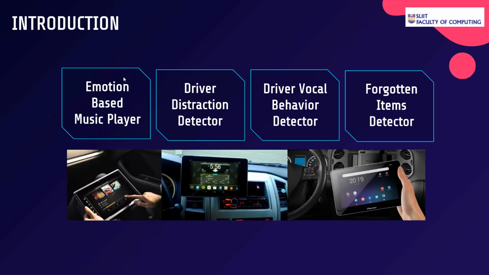So we built an emotion-based music player, which will play music according to passengers' emotion, and a driver distraction detector, which will detect if the driver is distracted. We also built a driver vocal behavior detector, which will send reports about the driver's vocal behavior to the taxi service providers, and a forgotten item detector, which will help passengers take their belongings back without forgetting them.